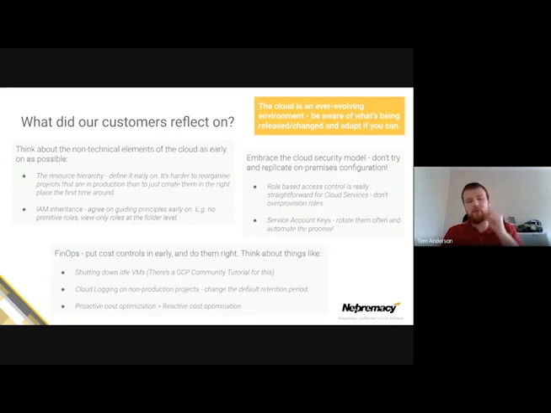If you can get your resource hierarchy defined early on, it doesn't have to be perfect. It just has to have a good level of founding or guiding principles. If you can get things like that and understand how IAM inheritance works in GCP, you are immediately a step ahead of those organizations that have tried to retrospectively fit all of their projects.